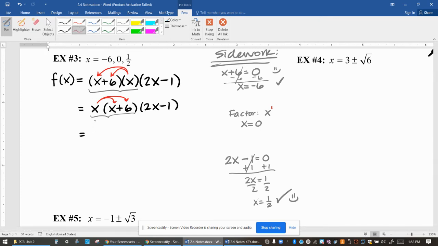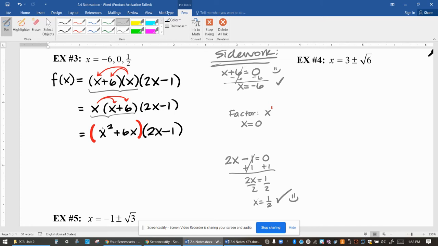Now, remember what I told you, you have to keep that product in parentheses because we still need to multiply that out with our third factor. So remember to group your new binomial that was created by distributing the first 2 factors, x with x plus 6.